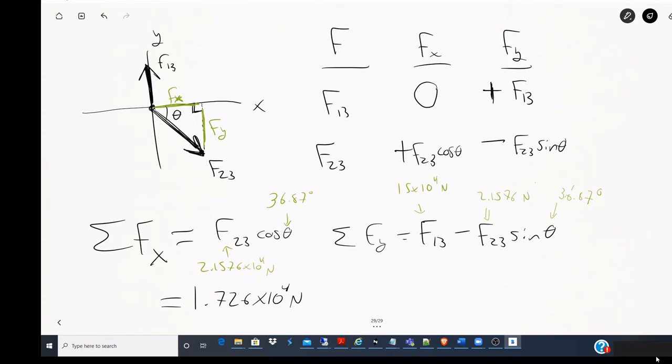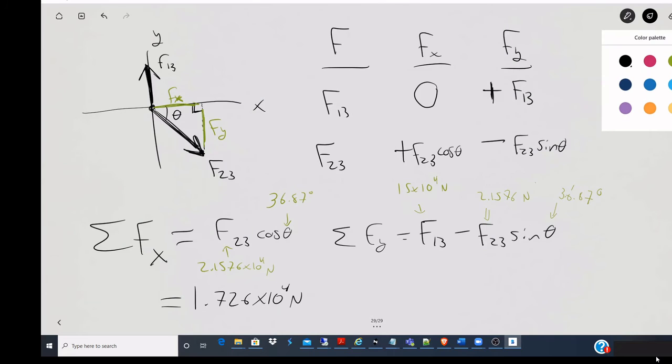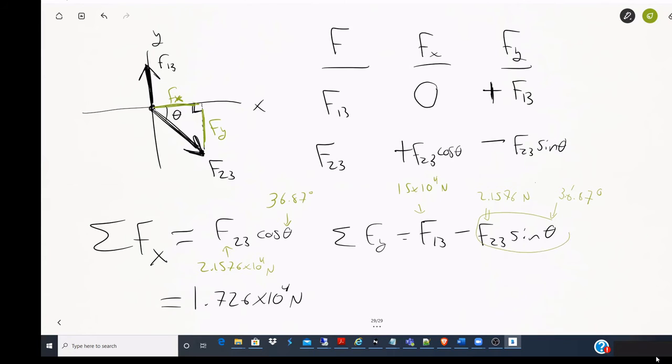And then if I go with the sum of the forces in the y direction, I first have to multiply f(2,3) times the sine of theta. So this will be 2.1576 times 10 to the 4th times the sine of 36.87 degrees. And so I get 1.2945 times 10 to the 4th newtons.